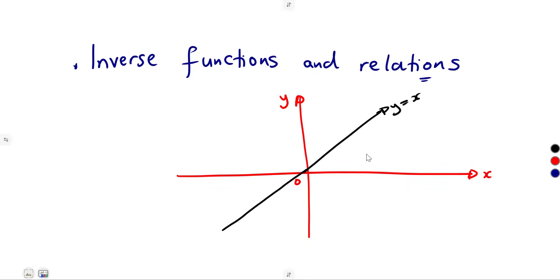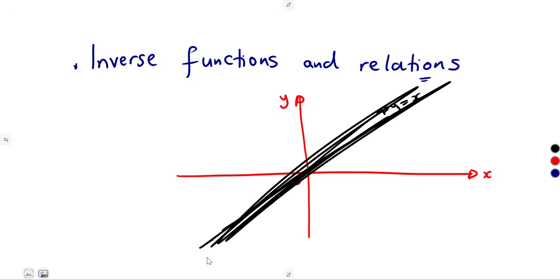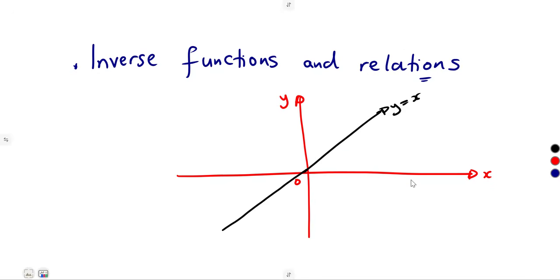So when a graph is reflected along this line y = x, we obtain its reflection.